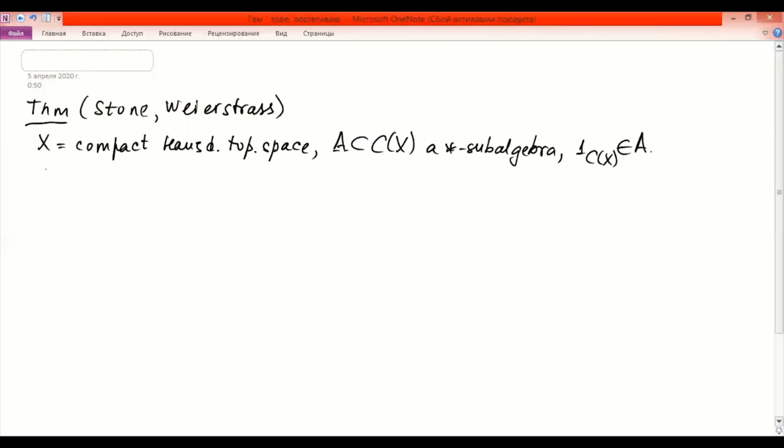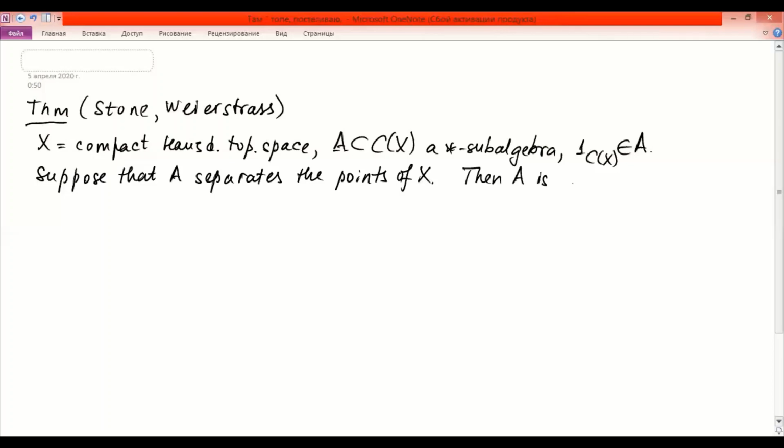And also suppose that A separates the points of X. Then A is dense in C of X. So this is the classical Stone-Weierstrass theorem.